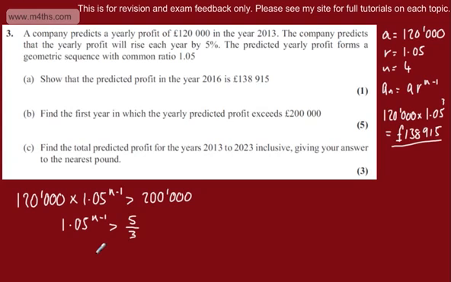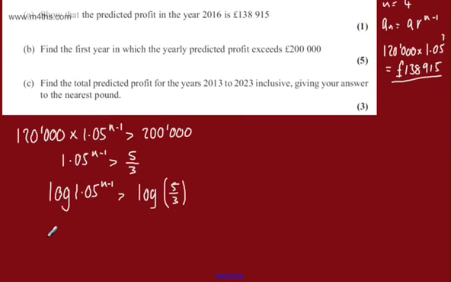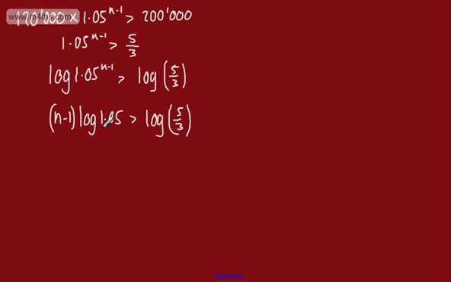I'm now going to take logs of both sides. So using base 10, log of 1.05 to the power of n minus 1 must be greater than log of 5 over 3. Using log laws, I'm going to bring this power down, so n minus 1 times log 1.05 must be strictly greater than log of 5/3. I'm now going to divide through by log of 1.05.